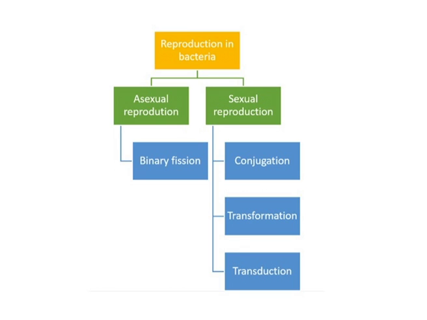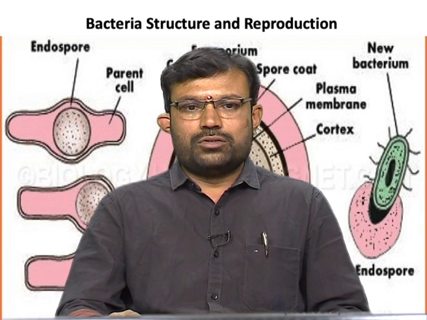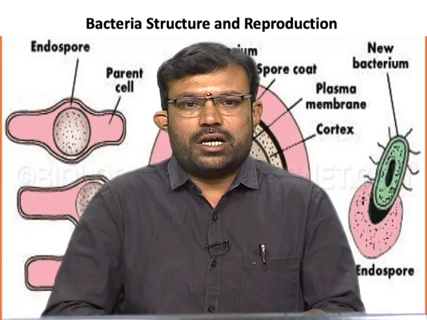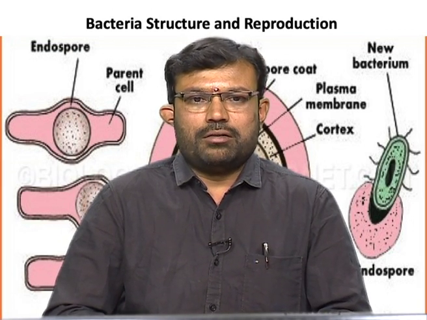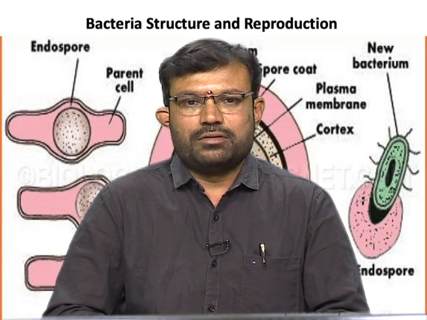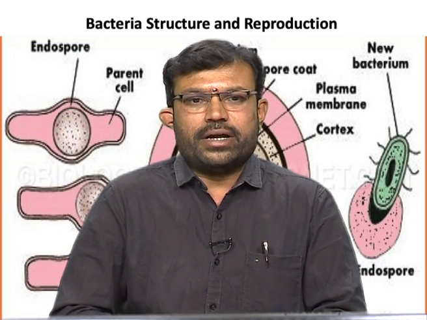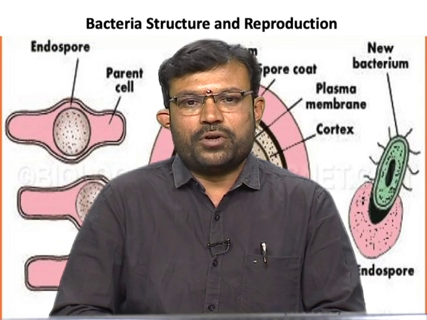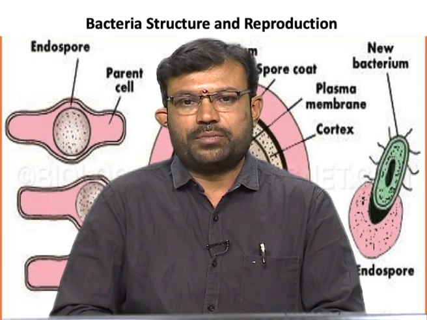Next, sexual reproduction. Bacteria sexually reproduce by three methods: conjugation, transformation and transduction. First, conjugation. During conjugation, some bacteria have the genetic material plasmid and some do not. Bacteria containing the plasmid are called donor bacteria; those lacking the plasmid are called receptor bacteria.